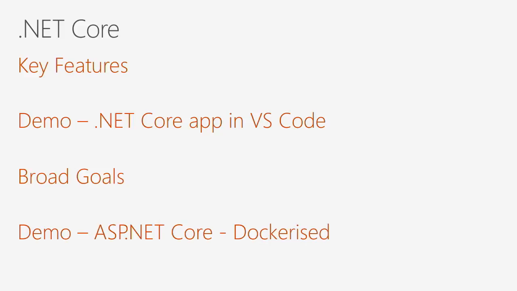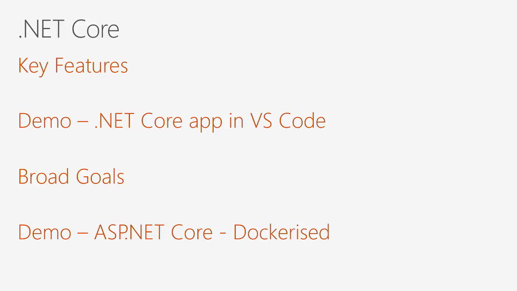So I'll start by talking about the key features of .NET Core, key features in my humble opinion. Then I'll give you a little demo about how to create a simple .NET Core app in Visual Studio Code, just to show you the differences with what we have at the moment in .NET.